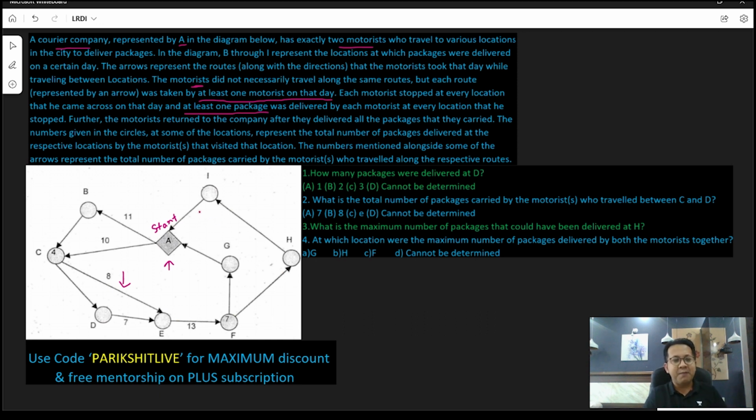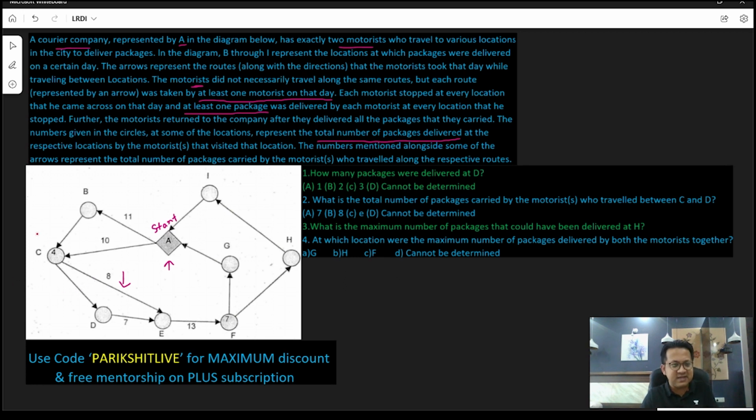The numbers given in the circle at some of the locations represent the total number of packages delivered at the respective locations by the motorists that visited that location. So you see the numbers inside the circle. It indicates the number of packages delivered in total at that location. Why do I say in total? It could be that two motorists visited the delivery location.